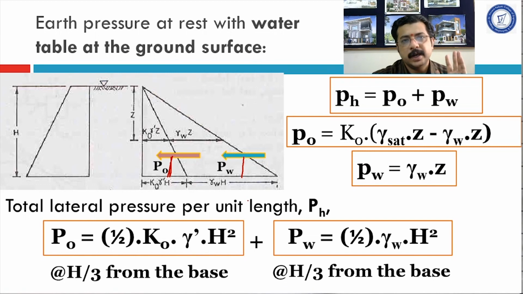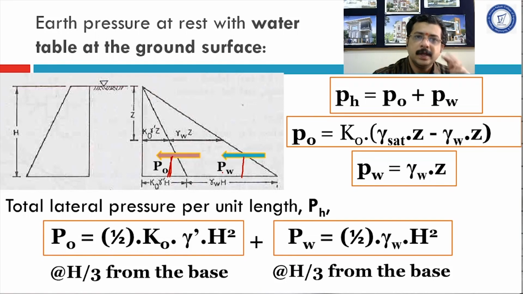Now, can we not find out the point of application of total pressure? Yes, it is very simple. P0 is known to us, its point of application is known to us. PW is known to us, its point of application is known to us. And total pressure is known to us, which is PW plus P0, right?